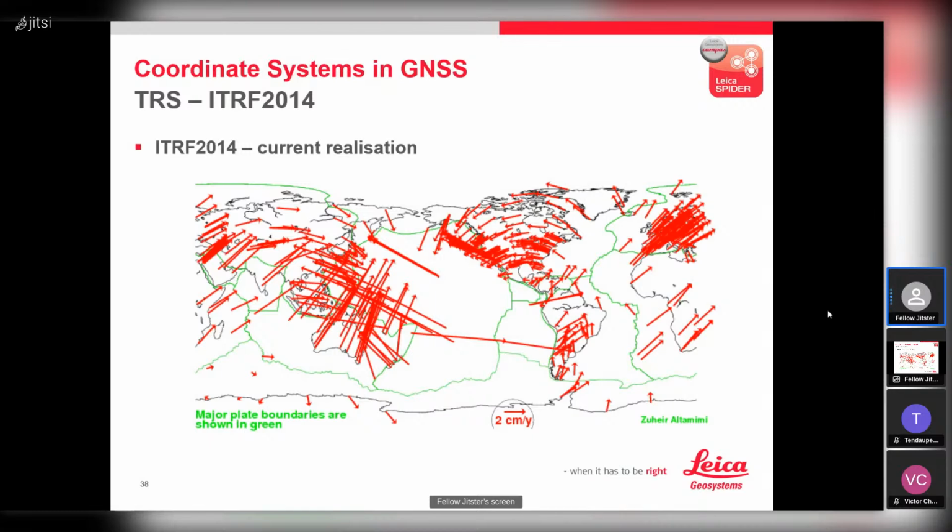I see a vector here, or maybe in Zambia there is some. Okay, so this is Zambia. Each of these vectors represents a GNSS receiver. So this is how they monitor. As I said, these are the current realization of tectonic plate model based on ITRF 2014.